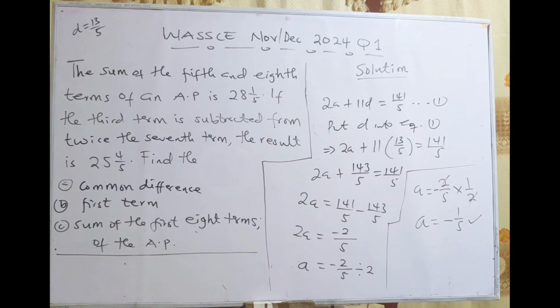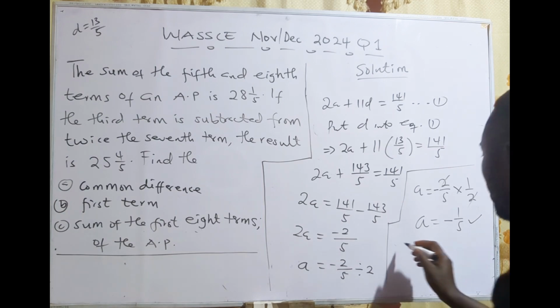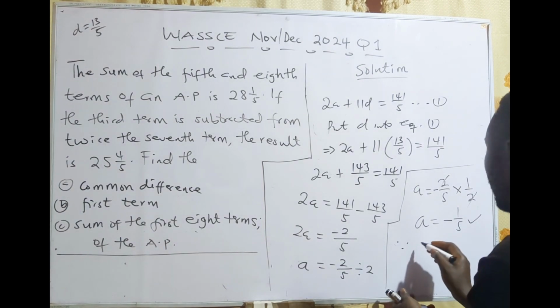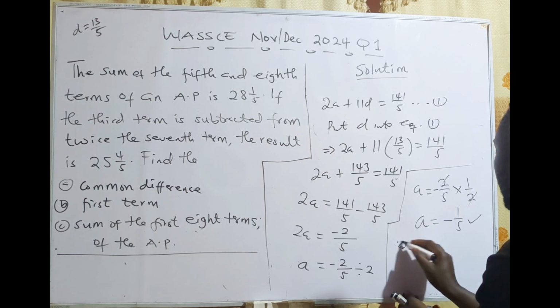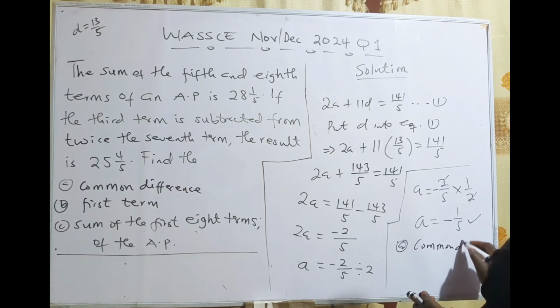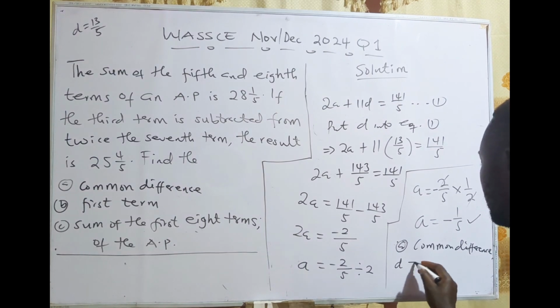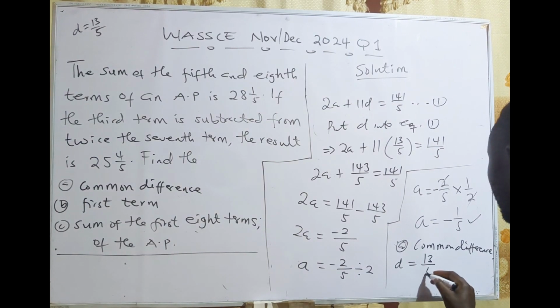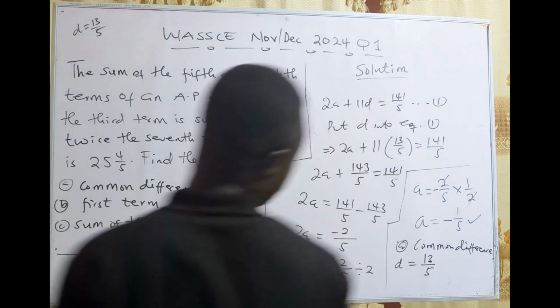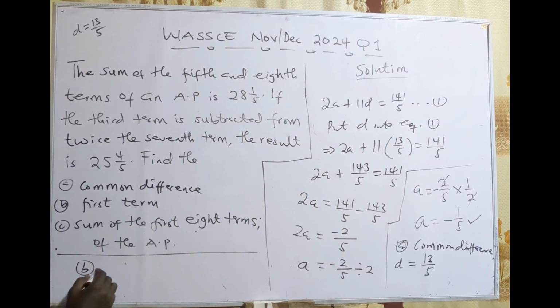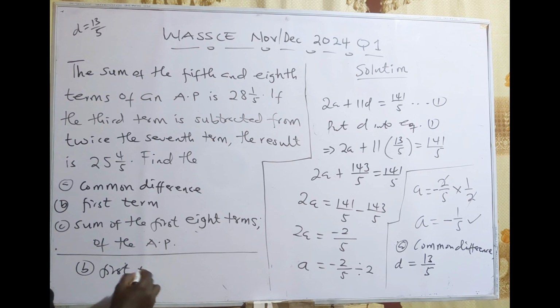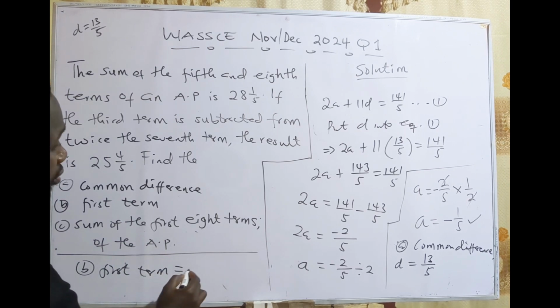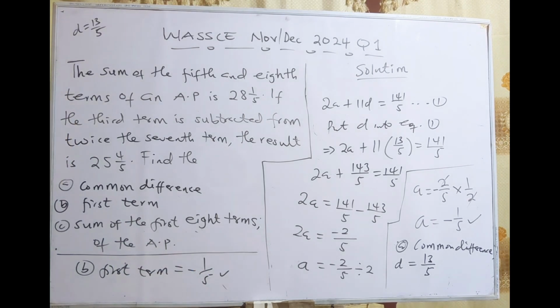So I can say here that my common difference d is equal to 13 on 5. And then let me put my first term here, which is also minus 1 on 5.